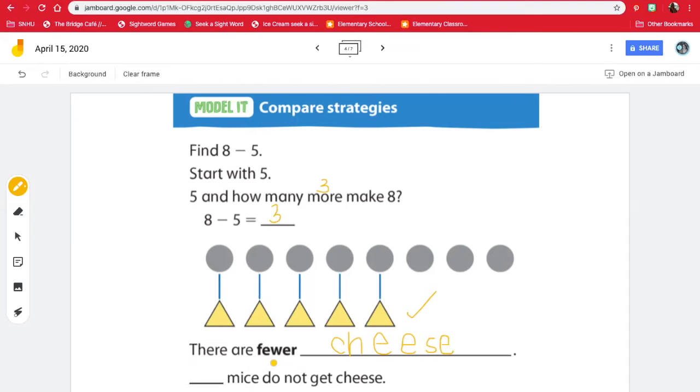How many mice did not get cheese? Well, if we look at our picture, these 3 don't have cheese. So that means 3 mice did not get cheese.